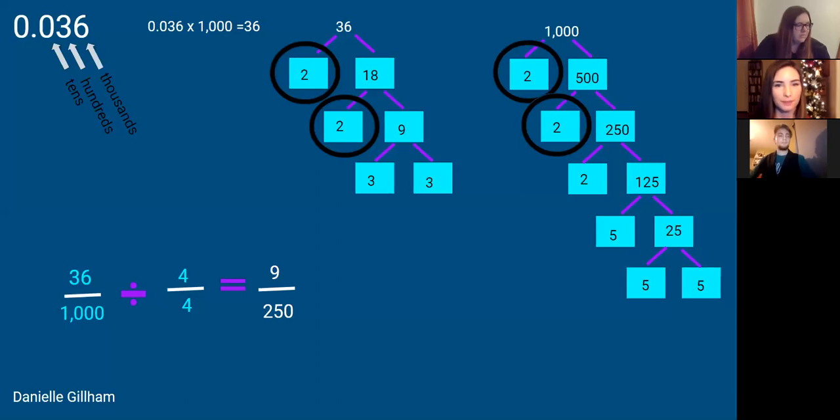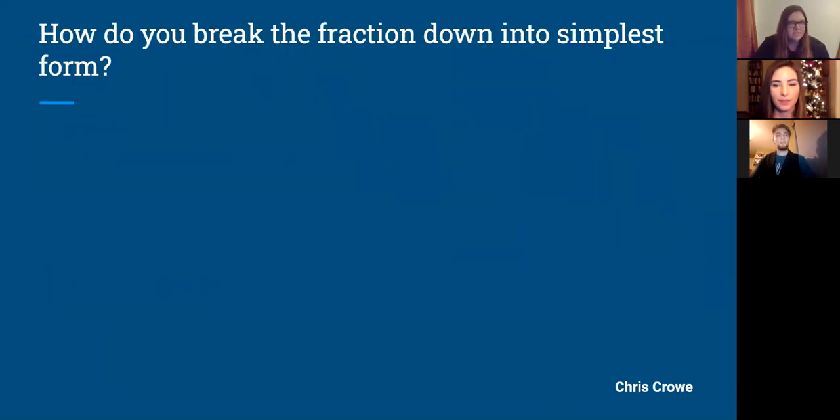Awesome. Very well put together. How do you break a fraction down into simplest form? That's a very good question, Hope. To break a fraction down into its simplest form, you need to find the GCD, the greatest common divisor.